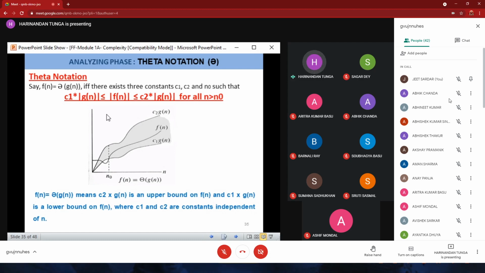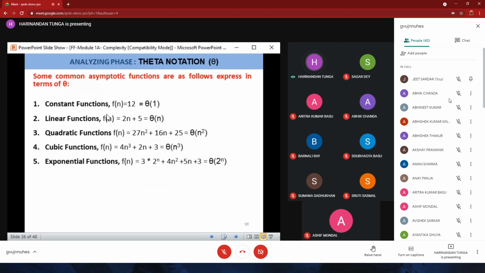The lower bound and upper bound are both combined here. C2 into Gn is an upper bound on Fn, and C1 into Gn is a lower bound on Fn, where C1 and C2 are constants independent of the problem size n.